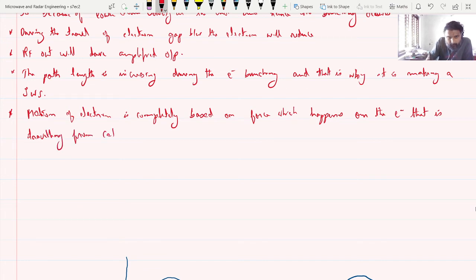Motion of electron is completely based on force which happens on the electron that is traveling from cathode to anode.